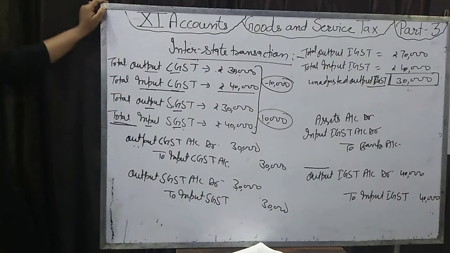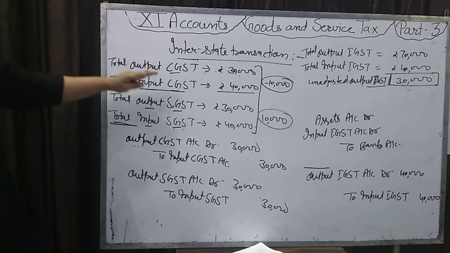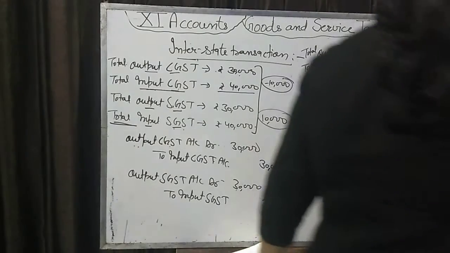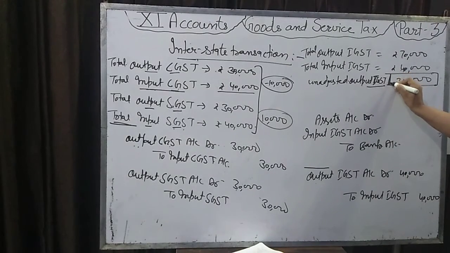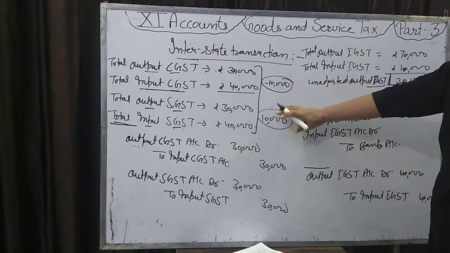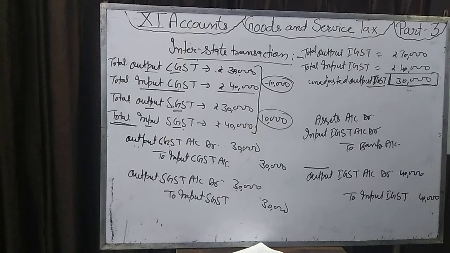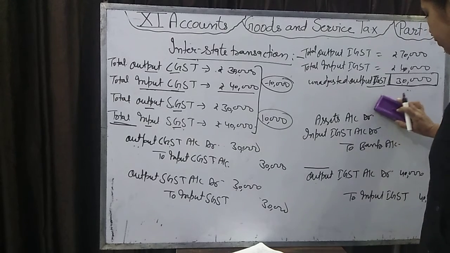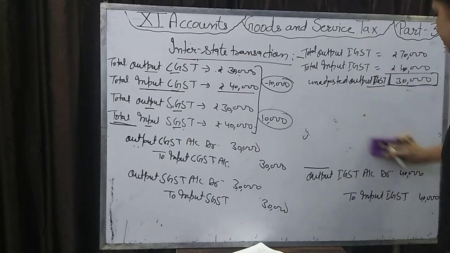This is the balance remaining with us. So we have unadjusted output IGST, which has not been adjusted. This 30,000 we will adjust from CGST and SGST. So which entry will be passed for this?